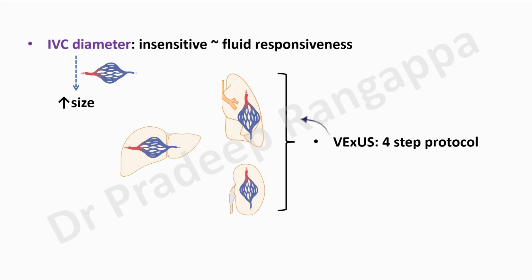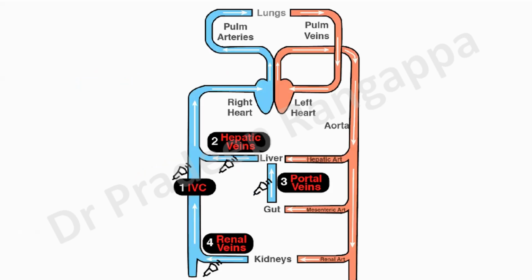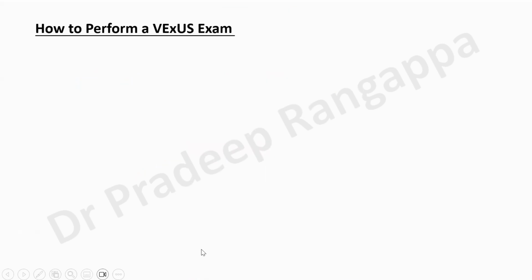The cardiopulmonary VExUS is by IVC, the liver VExUS is by hepatic vein and portal vein, and for the renal veins, we look at renal congestion. So this is a 4-step protocol. Again, this is a schematic representation: we look at the IVC; if it is more than 2 centimeters, we look into the hepatic veins as a second step, the portal veins as the third step, and the renal veins as the fourth step.